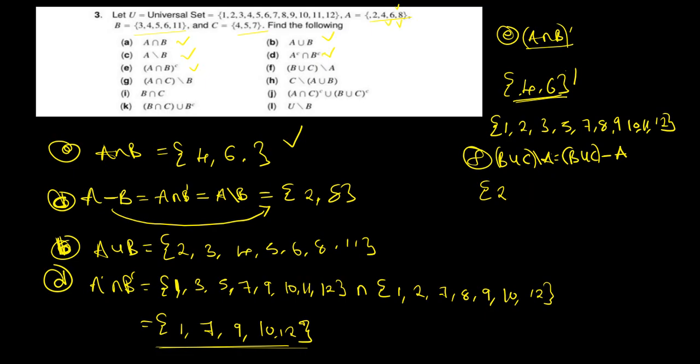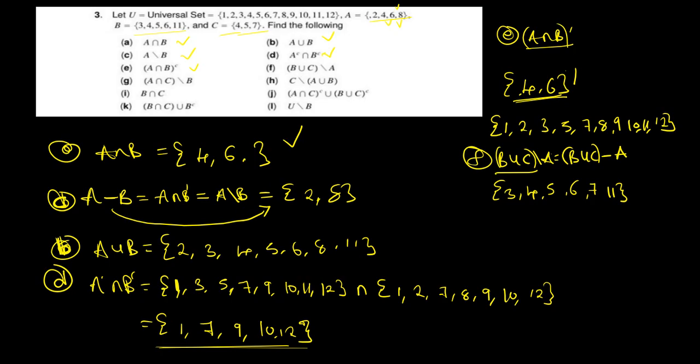I'm listing A. Why? All right, so we are listing now B union C. The numbers from B and C are 3 there. The next number is 4, the next number is 5, then the next number is 6, the next number is 7, and again the next number is 11. All right, so these are the elements.